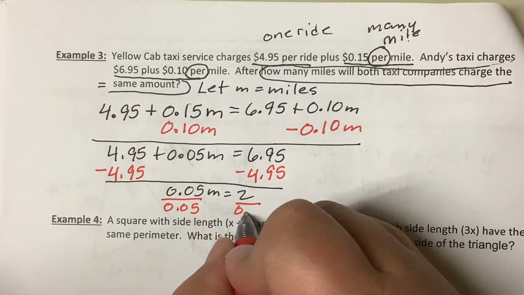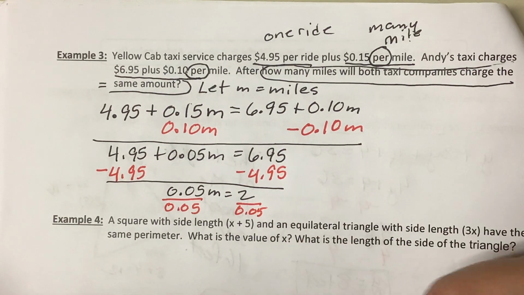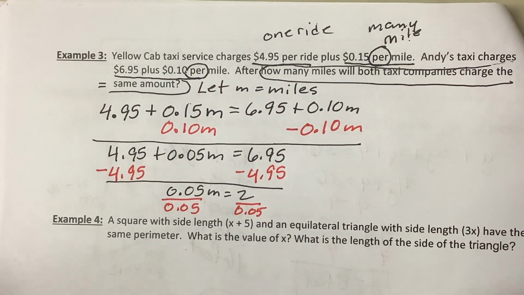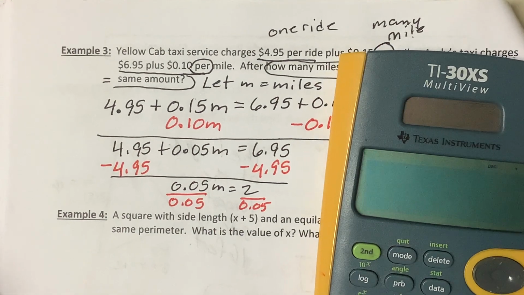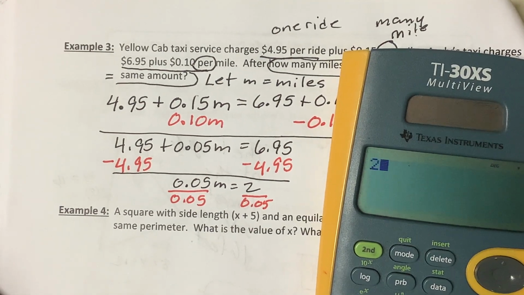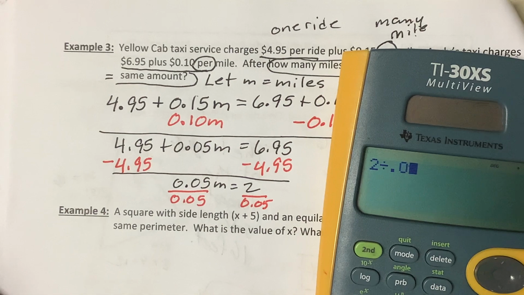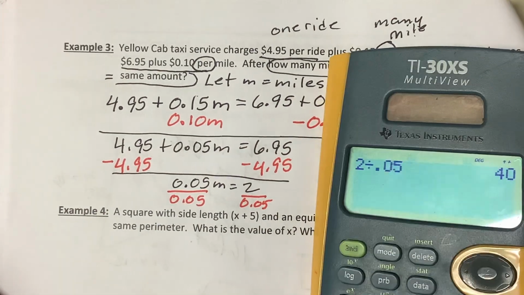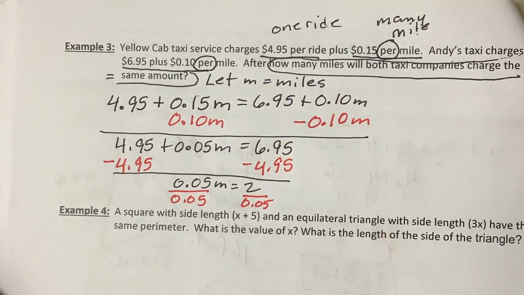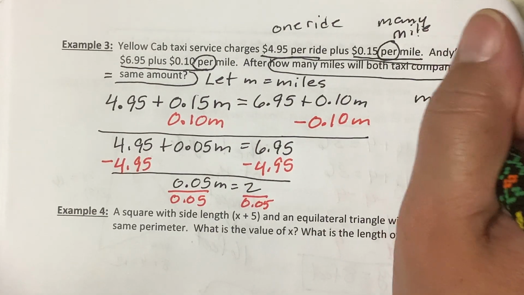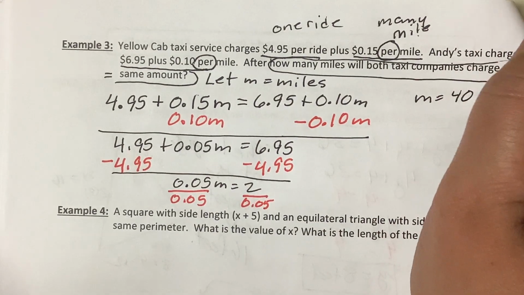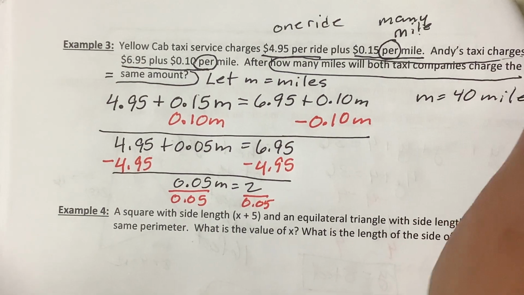My guess is 40, but let's double check since we do have this lovely calculator here. Might as well use it. 2 divided by 0.05 is 40. So I know that m equals 40 miles.